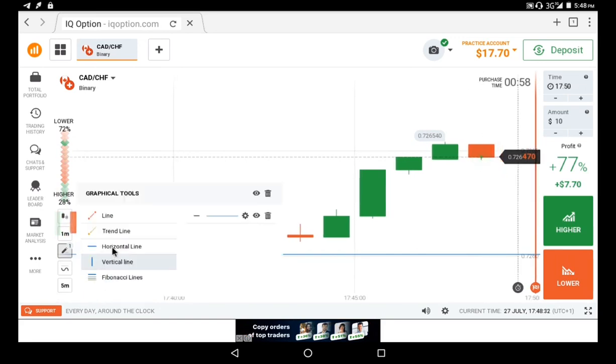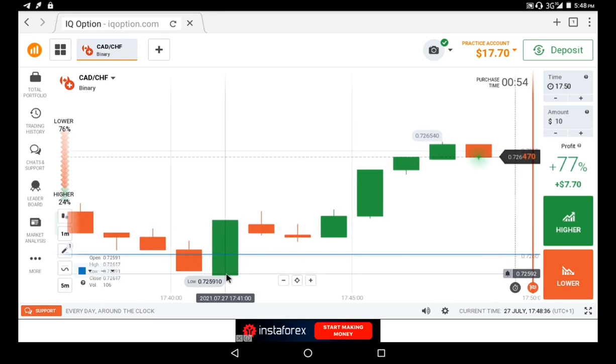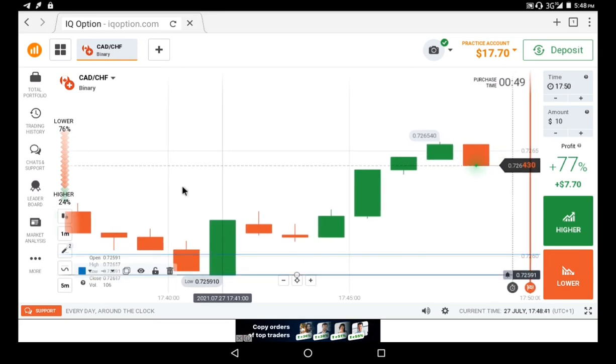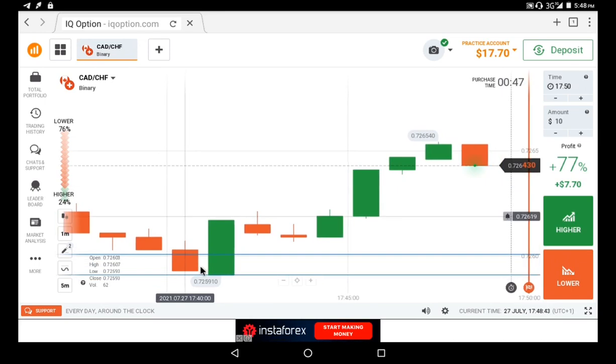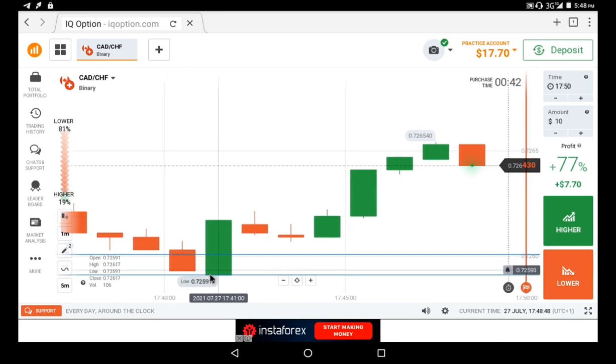Let me draw. Look at the opening price of the bullish candle. The market is respecting the round number, so after breakout we are supposed to expect a reversal at least for one candlestick. Now look, after the closing of this candle, there was a gap down to this area.